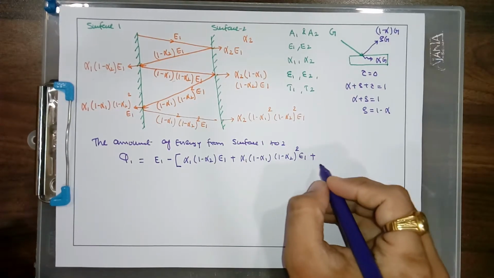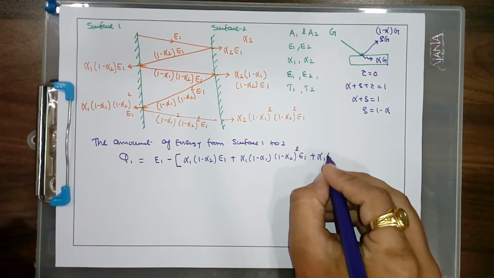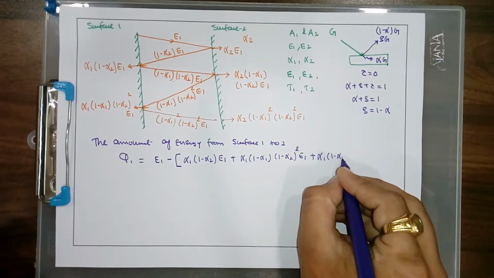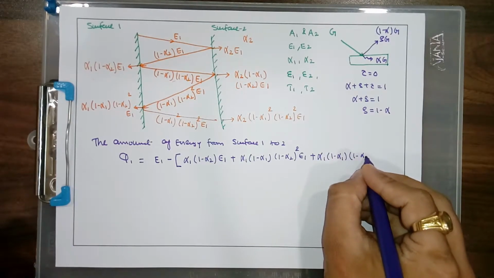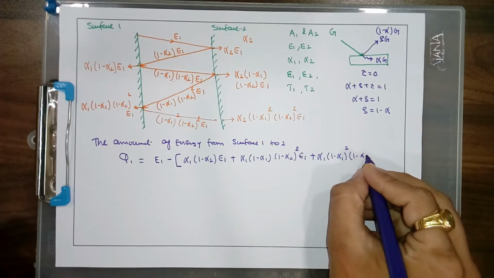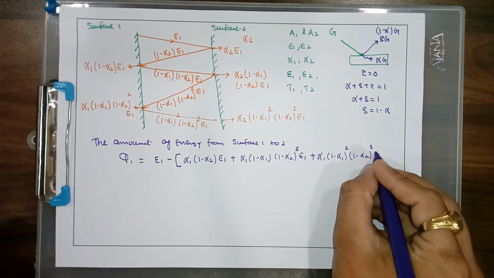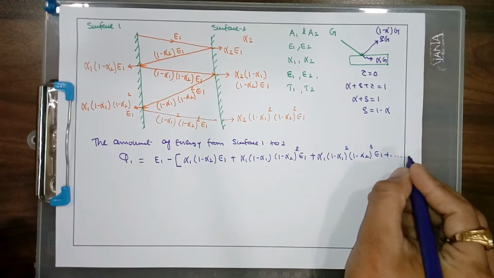The next time it becomes alpha 1 (1 minus alpha 1) squared (1 minus alpha 2) to the power 3 times E1, plus it goes on.